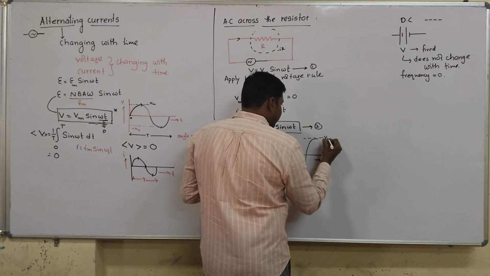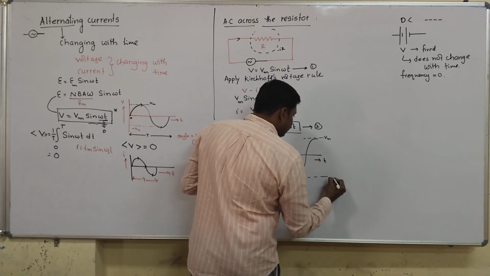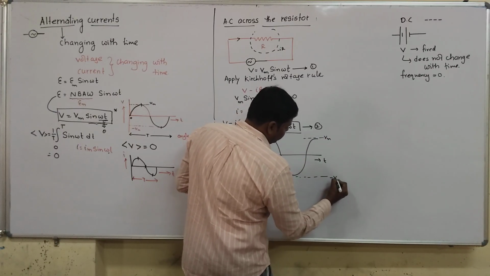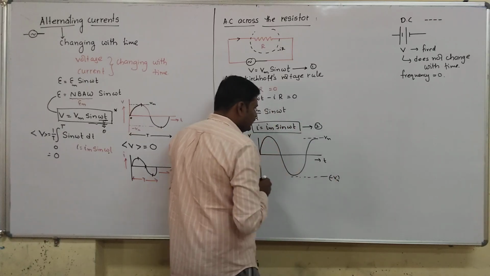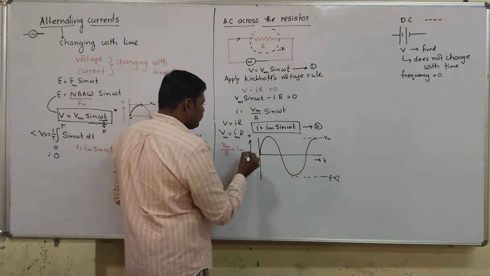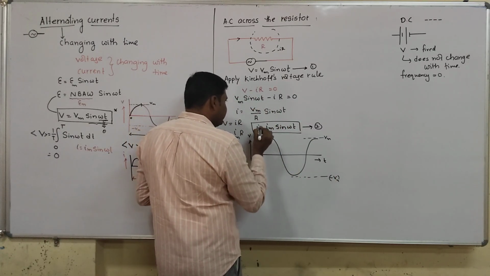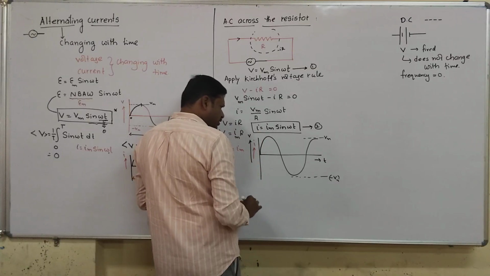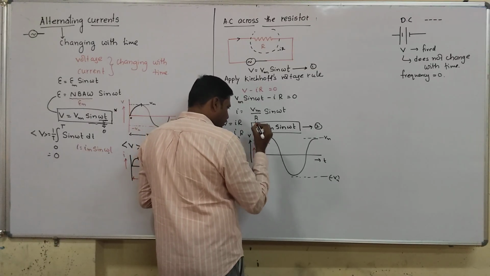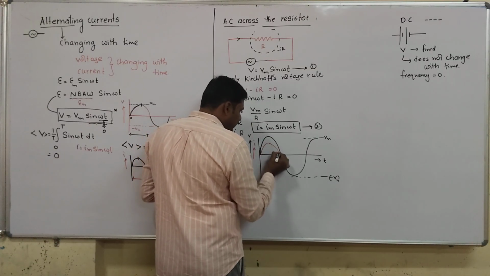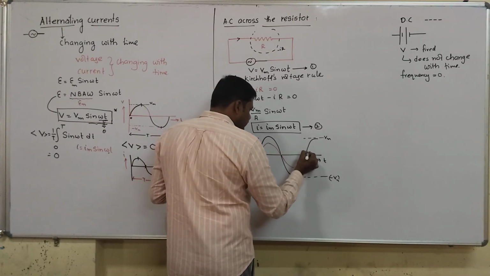This is Vmax, and this is minus Vmax. And with red color I'll draw current on the same graph. I starts from 0, and this is Imax.